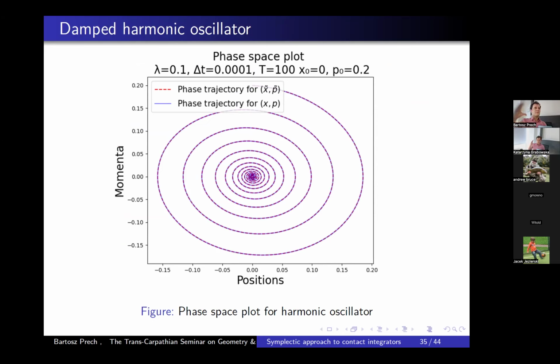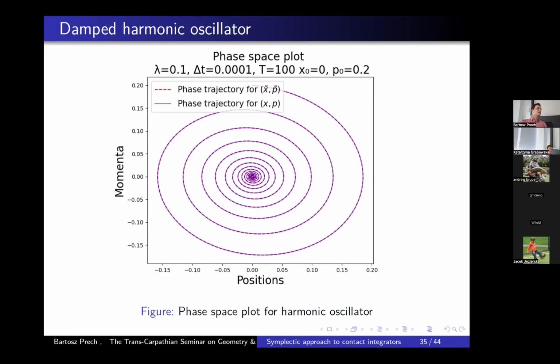So they are projected on the same phase trajectory, which is first of all a sign that the numerical scheme works. But a damped harmonic oscillator you can just integrate by hand. As I understood, this is not the comparison with the actual solution; this is the comparison of those two projections. I will tell you when it's a comparison with an analytical solution.